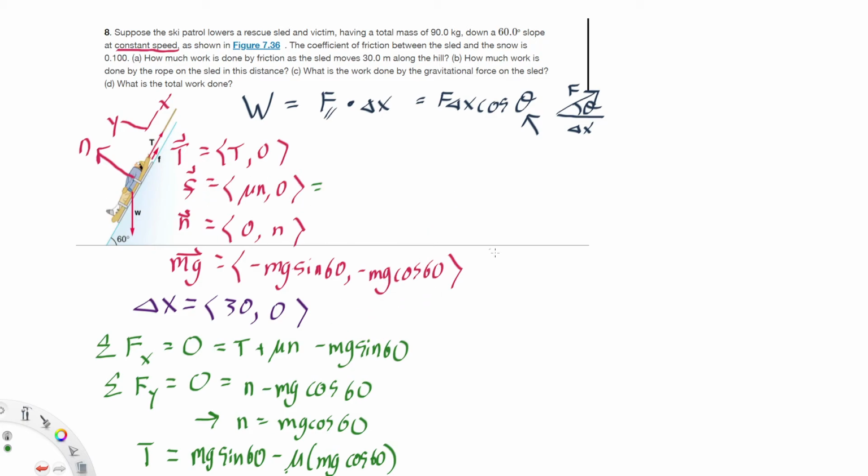All right, so we can get numbers for a lot of these forces now, which I'm going to take a moment to do. The weight of this, it's a 90 kilogram person plus sled. So the weight in the x direction is 900 times sine 60, which is 779. And in the y direction, we get 450.